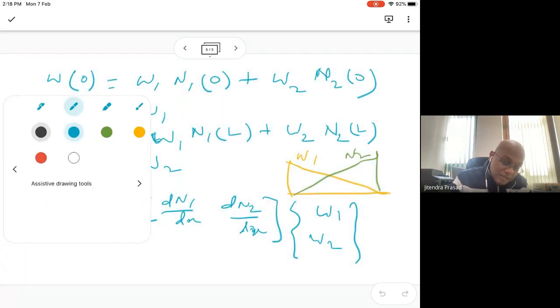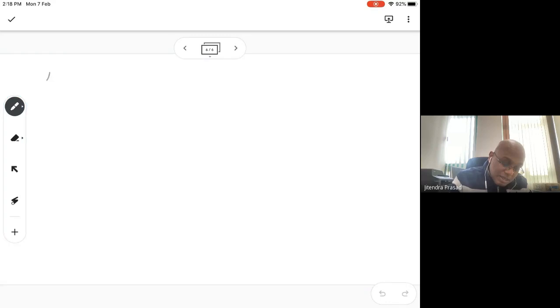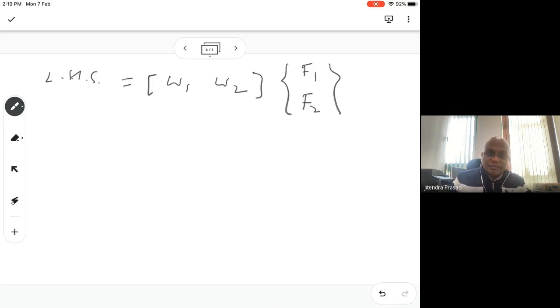So we can write left hand side equal to w1 F1 plus w2 F2, which is equal to, let's go to the next page, w1 w2 multiplied by F1 F2. Now the right hand side is equal to what?